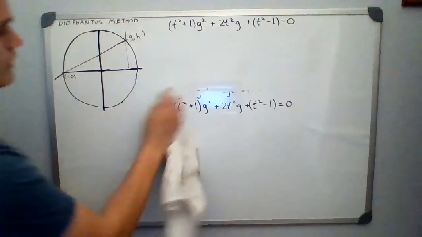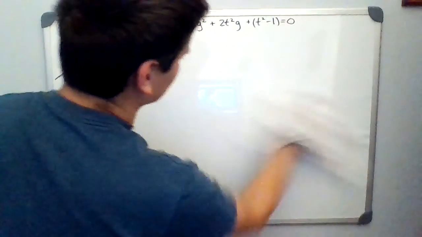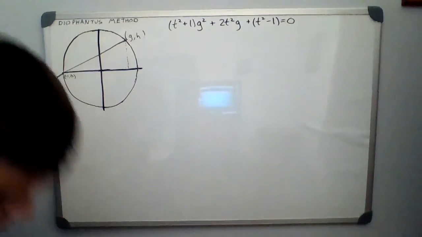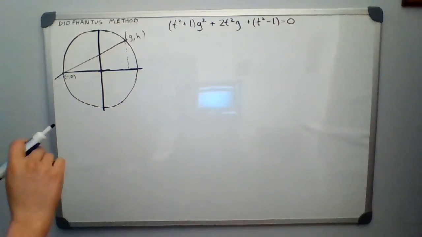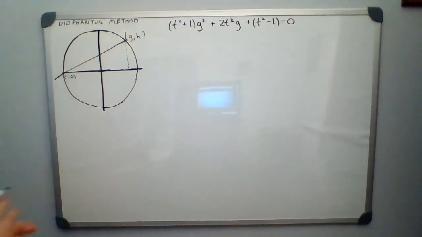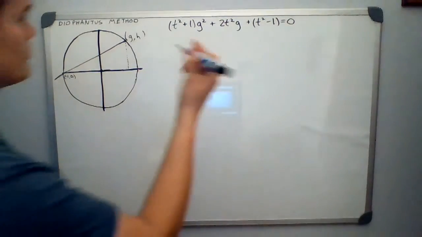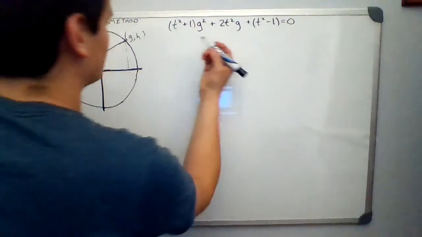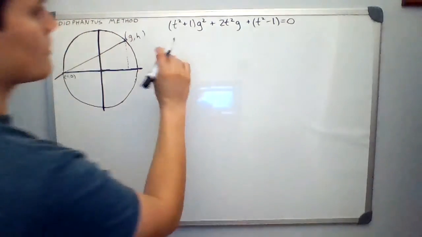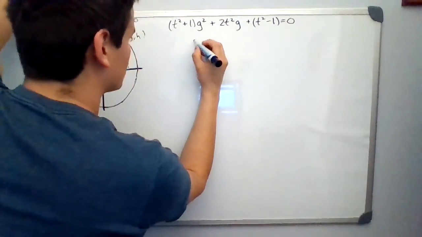Another reason I'm doing this is that this method is extremely useful when we start talking about integrating trig functions. That's really why I started looking into this, but let me go ahead and get started on solving it.